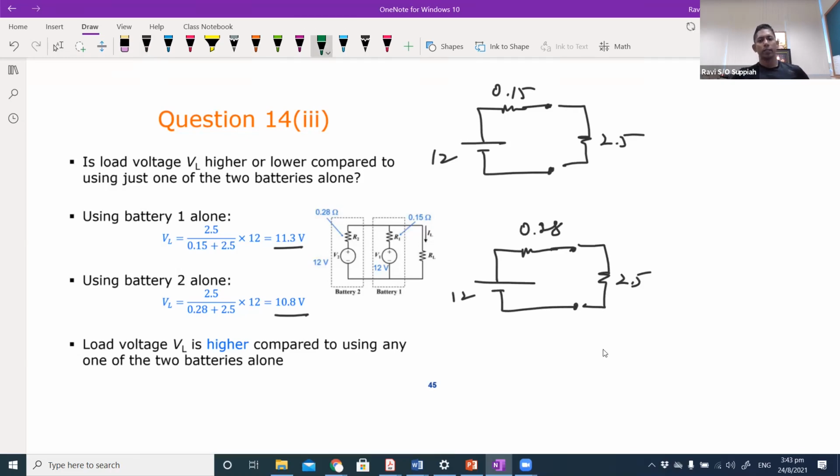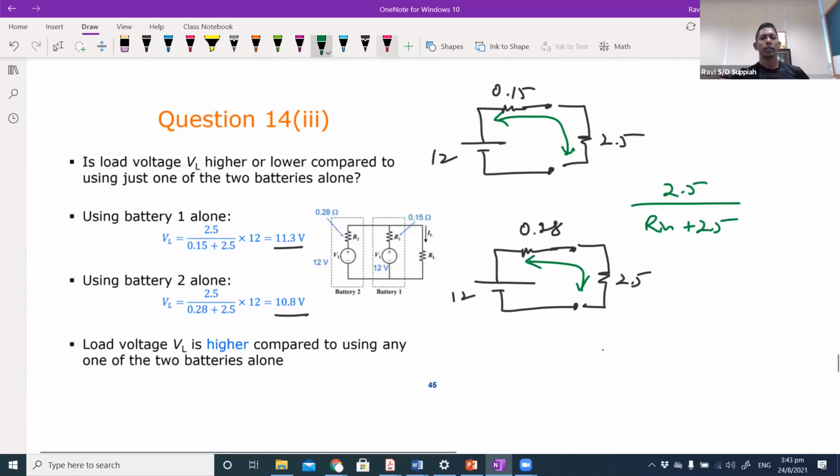Basically by the voltage divider rule, because this and this are in series, it's always going to be 2.5 over the internal resistance plus 2.5. So when the internal resistance is low, you have a higher voltage at the output side, because there is lesser voltage drop across the internal resistance.